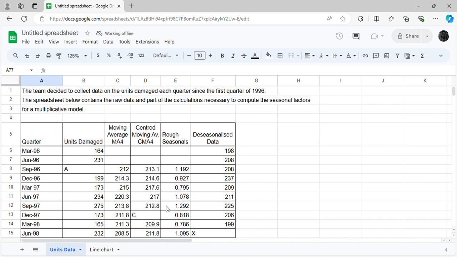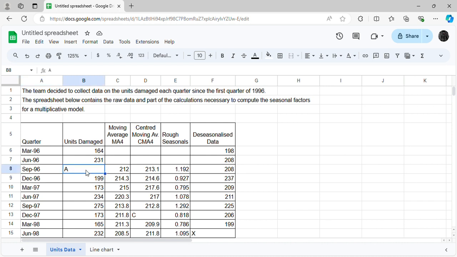So the moving average, this 212, is the average of the four values: 164, 231, the value which is missing, represented by A, and 199. So the average of these values equals 212.